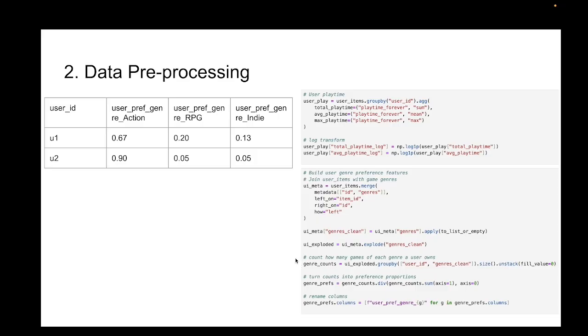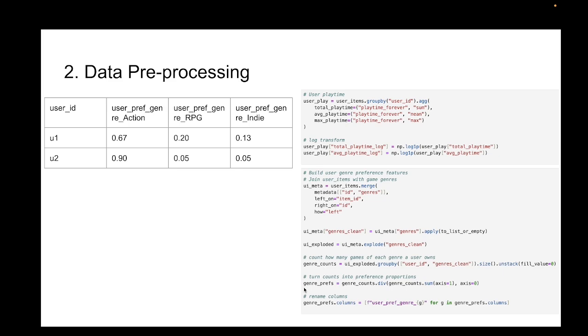And now this line will be counting how many games of each genre a user owns, and then we are converting the count to a percentage. For example, if I have 20 action genre collective and also 10 RPG genre collective, then 20 plus 10 will be the total genre count.